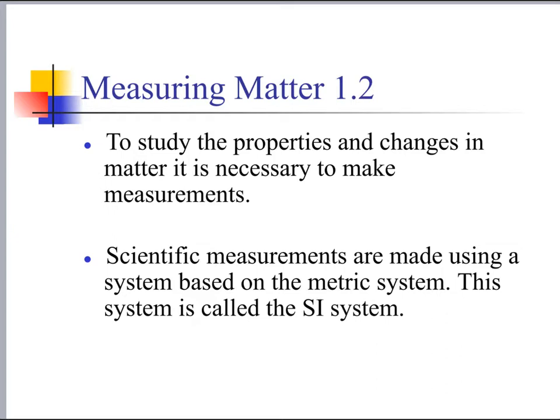No, it's actually the S and the I stand for System International, which means the international system of measurements. And so what we would look at is so that all scientists convert to a certain base unit. That's what the SI system is there. But a lot of the SI system is based on the metric system.